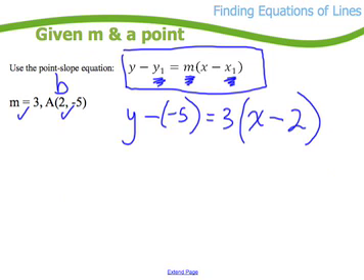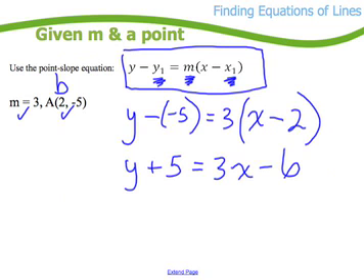All right, so let's simplify. Y minus a negative, those cancel to be a plus, equals, on this side, let's use the distributive property, so it'd be 3x minus 6. Now I have the equation looking pretty good, except I have to get it to y equals mx plus b. I'm close, I just need to get rid of this 5.